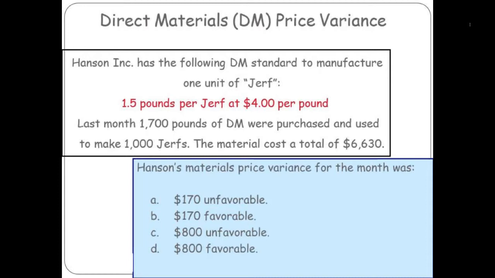What do we have? A, B, C, D. The answer is A. I'm sorry, B. Sorry about that. Got you excited for a second. The answer is B. It's $170 favorable. It cost him $3.90 a pound rather than $4. That's a favorable 10 cents a pound less at 1,700 pounds. So that's $170 favorable.